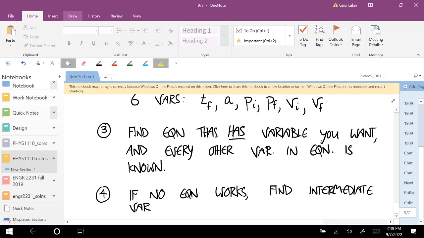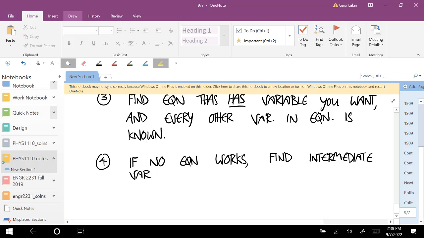And that's almost always going to be t final or acceleration. And then just go back to step 3.